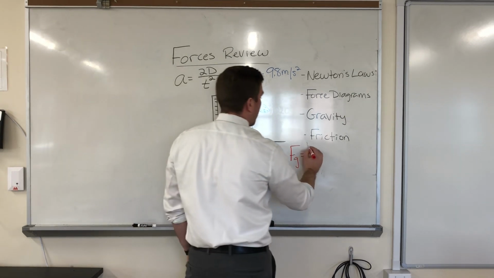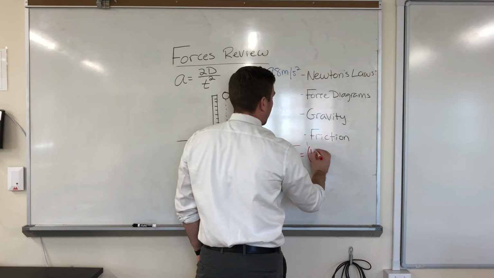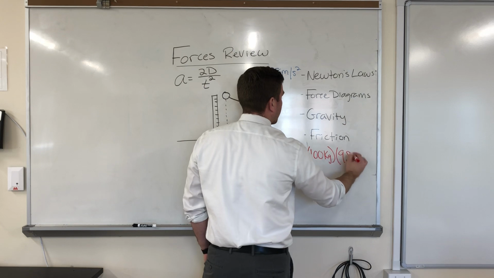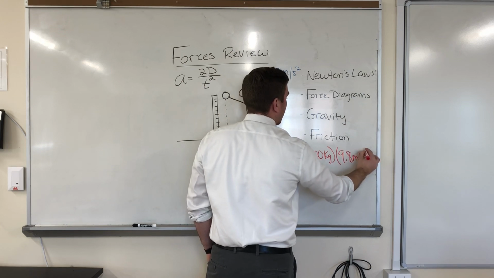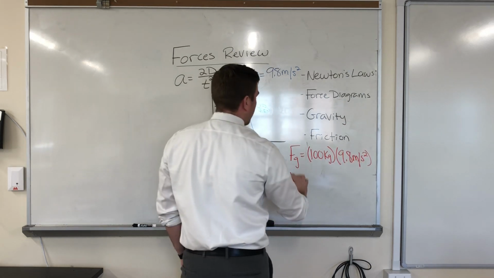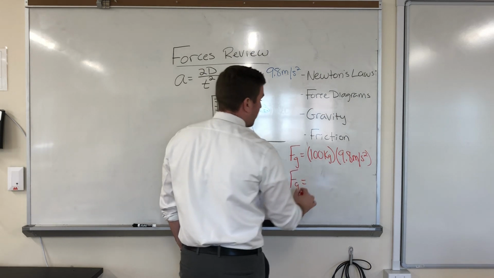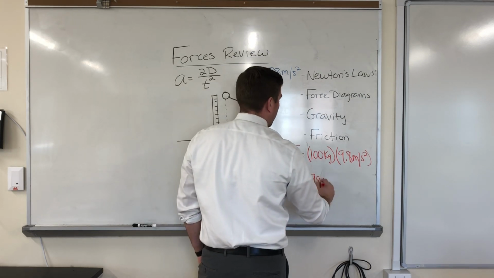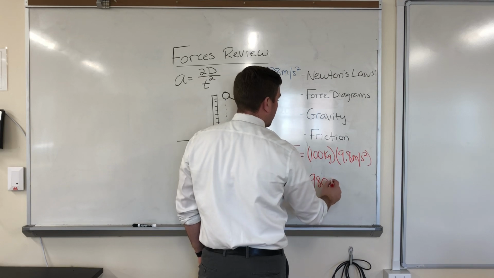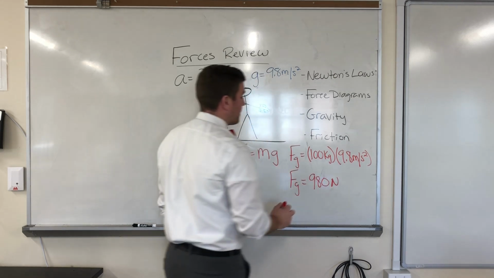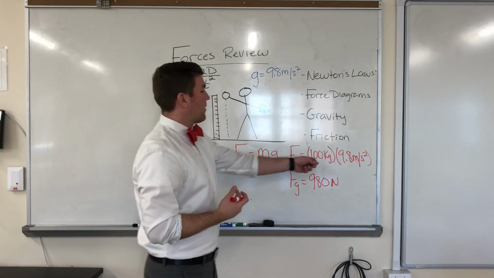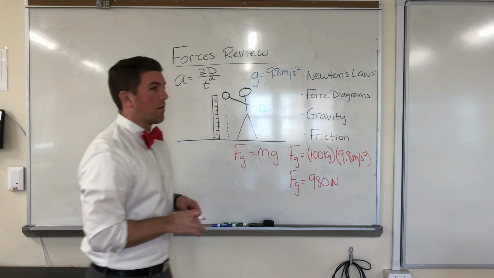I know that I have a mass of roughly 100 kilograms, and I have an acceleration due to gravity of 9.8 meters per second squared. So I know that the force of gravity on me all the time would be 980 newtons. So I would be 980 newtons if I had a mass of 100 kilograms standing on Earth.